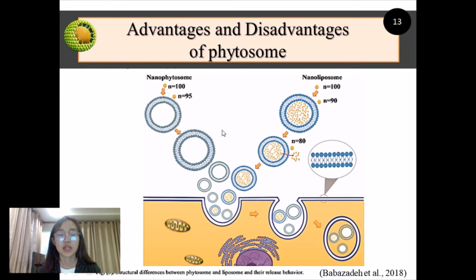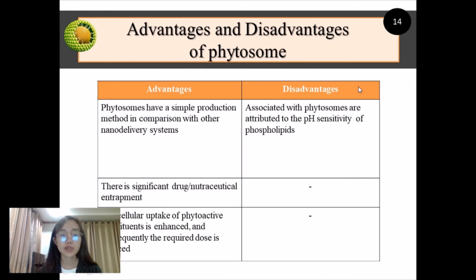And this picture shows the structure difference between nanophytosome and nanoliposome. So nanophytosome has an advantage over nanoliposome because phytosome has simple production methods in comparison with other nano-delivery systems.